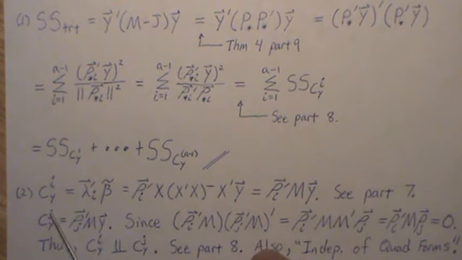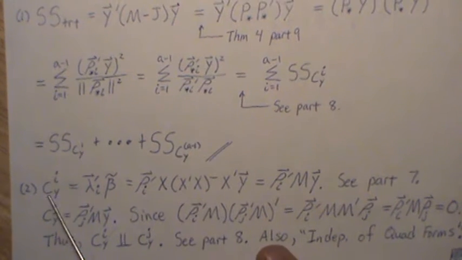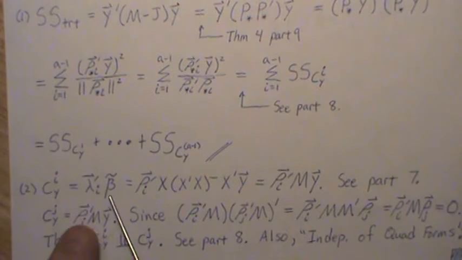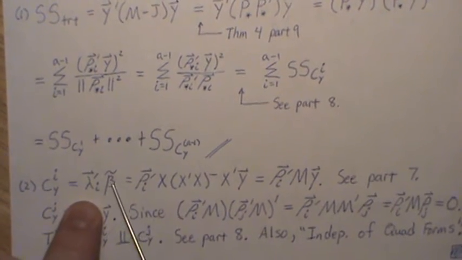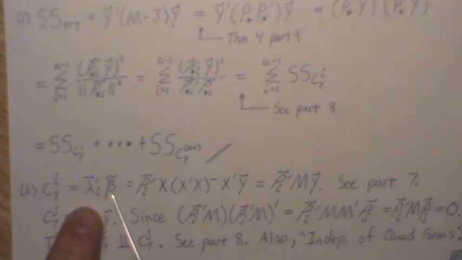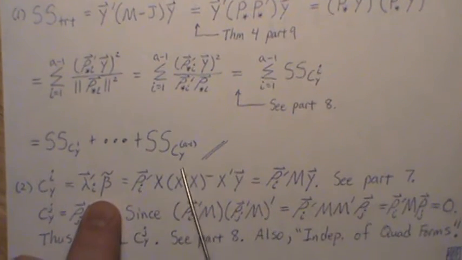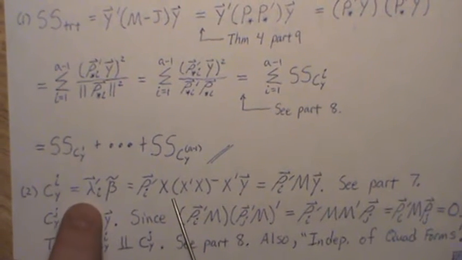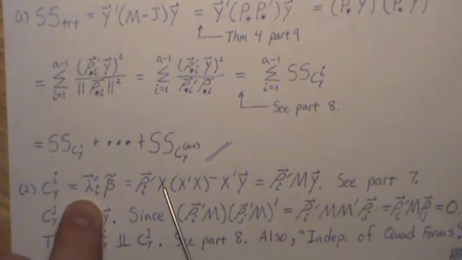And the proof of 2: let the ith contrast be represented as this. Now remember, when it becomes a CY, that means it's the least squares estimate of that contrast. Otherwise, it's gamma i. And then what we do is we put the least squares estimate in here for beta, which is this. But since it's a contrast and it's estimable, that lambda has to be part of the row space.